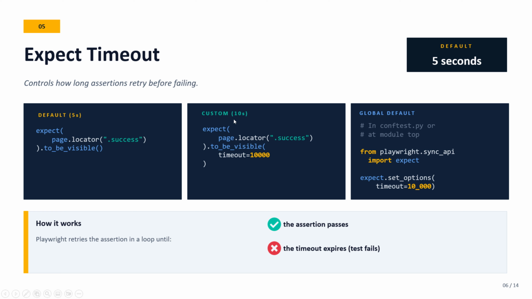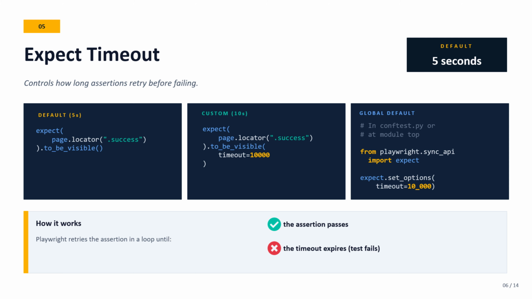Okay. And the second one is a custom one. So for example, there is some specific element for which you need more time than the default 5 seconds. Then you can define the custom one. And again, this needs to be defined inside this particular assertion method. So timeout equals 10,000, which means 10 seconds.